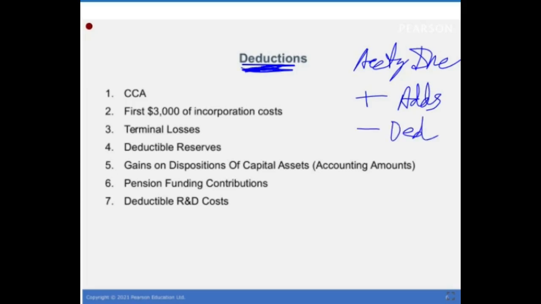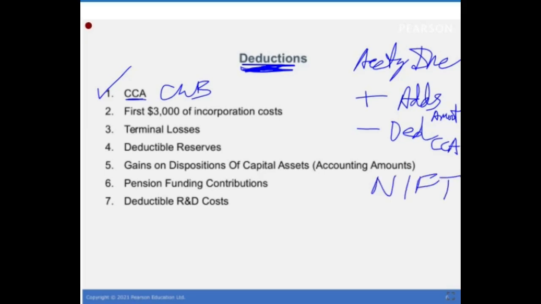These are the deductions. When we did the additions, you will recall we had amortization, which we were adding back. We are going to replace that with our old friend CCA from Chapter 5. So we would add back amortization and instead deduct CCA. That's how we translate accounting income into net income for tax.